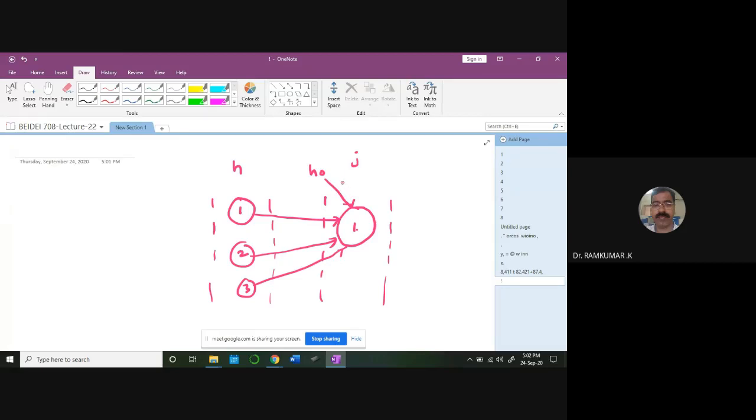H0, this weight you call N01. I'm going to update this. For that, I require H0, which will be equal to 1. I already told you, bias is equal to 1. So I'm going to update this weight.